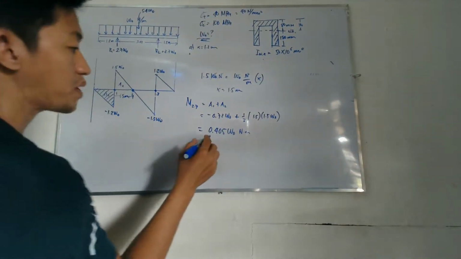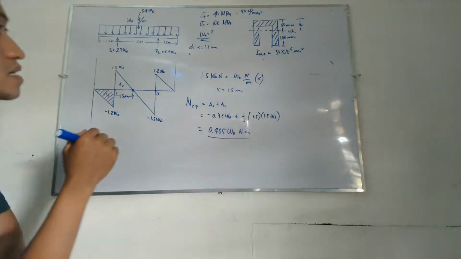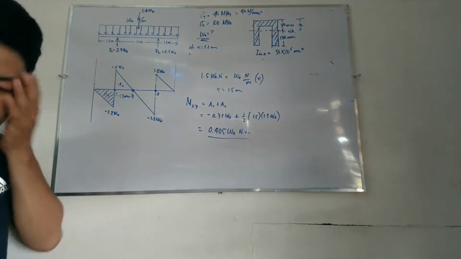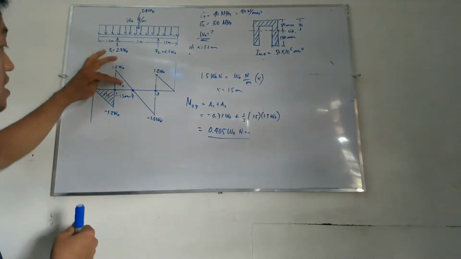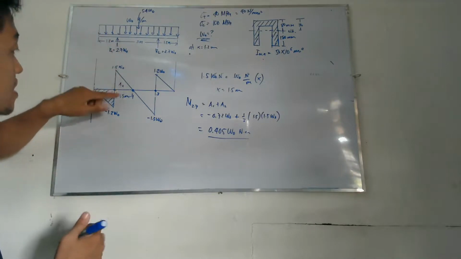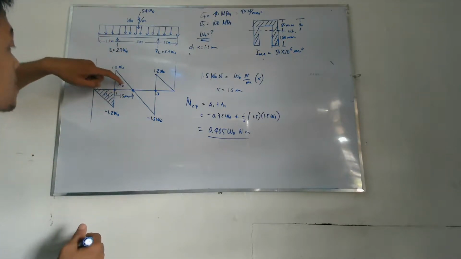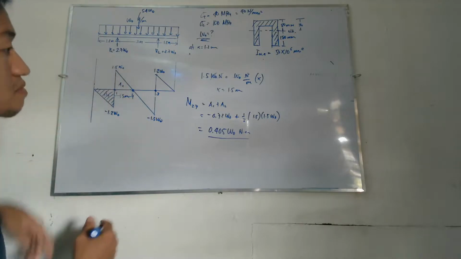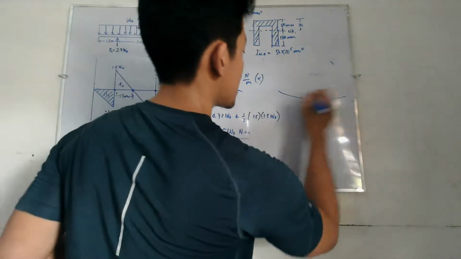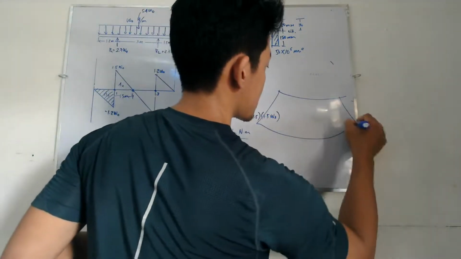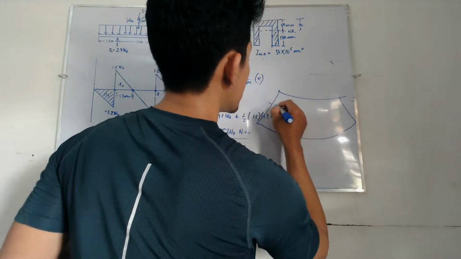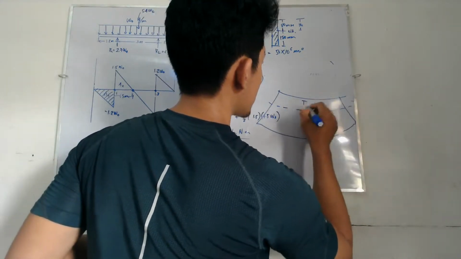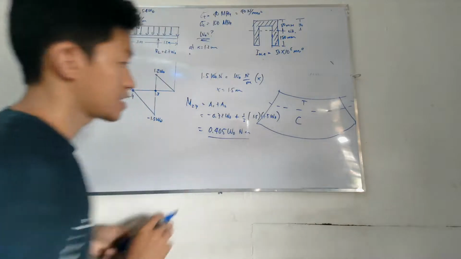So 0.405 din siya. Again, the same process, no? Pero naman sa positive. So ang pasabotan ni, basta positive gani ana ni, tension ni diri, compression ni diri.